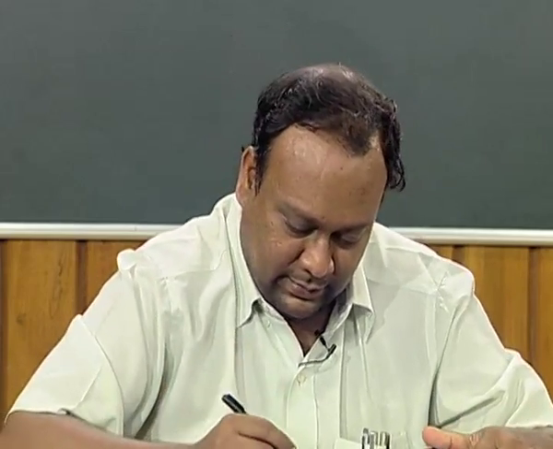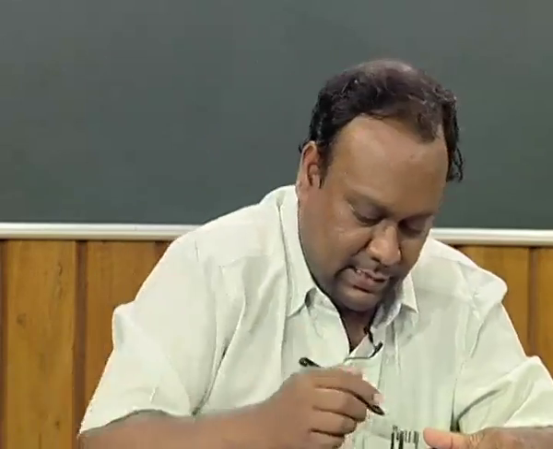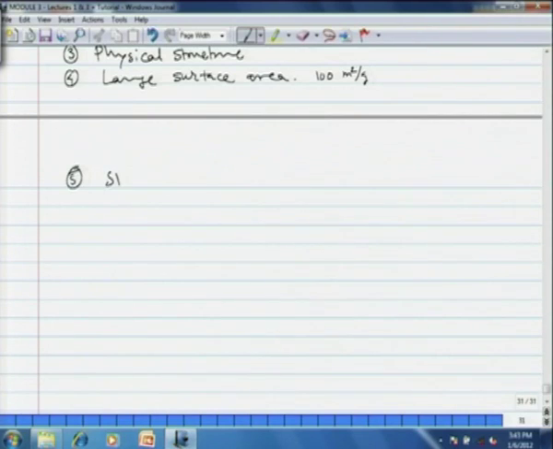Then finally, the stability of the catalyst is also important. That point we note, stability of catalyst. As I just mentioned, some reactions could be harsh, with high temperature and high pressure.